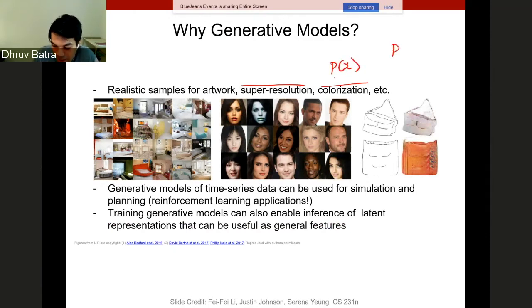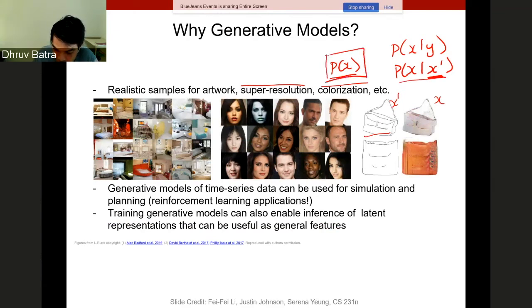The same techniques that let you do P of X also let you do P of X given Y. They also let you do P of X given X prime, where X prime can be something like this. So X prime can be someone drawing a particular sketch, and X is an image that your model learns to generate. So these are conditional models, if you will. In this class today, we'll study P of X directly, but everything that we teach you will be directly applicable to these sorts of models.